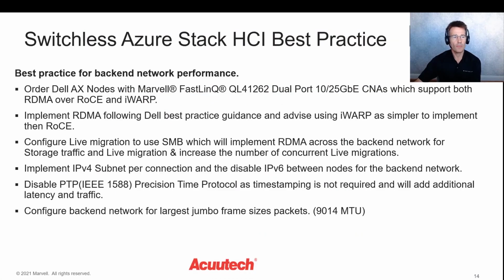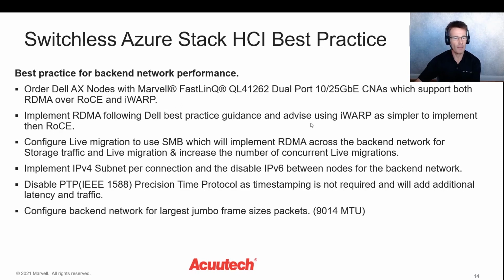So just to summarize, best practice for the Azure Stack HCI switchless environments: order the Dell AX node servers with the Marvell QLogic FastLinQ QL41262 dual port 10/25 gig CNAs. As we mentioned, they support remote direct memory access either over RoCE or iWARP, but for simplicity we advise using iWARP.